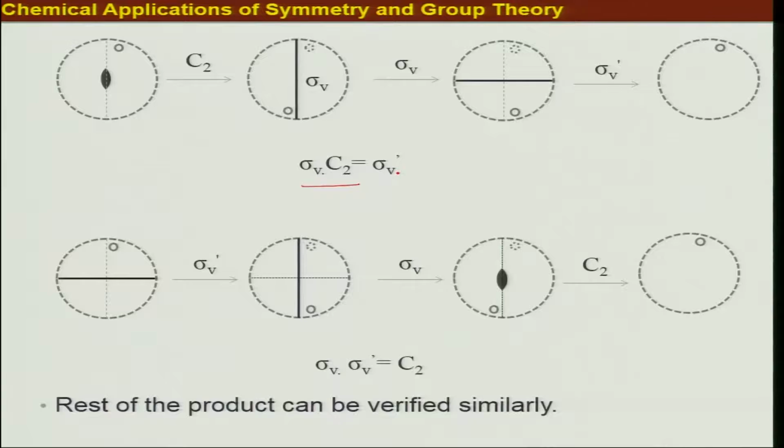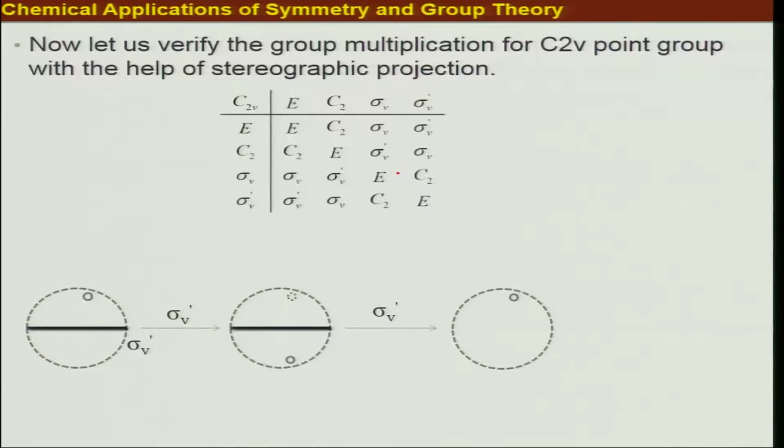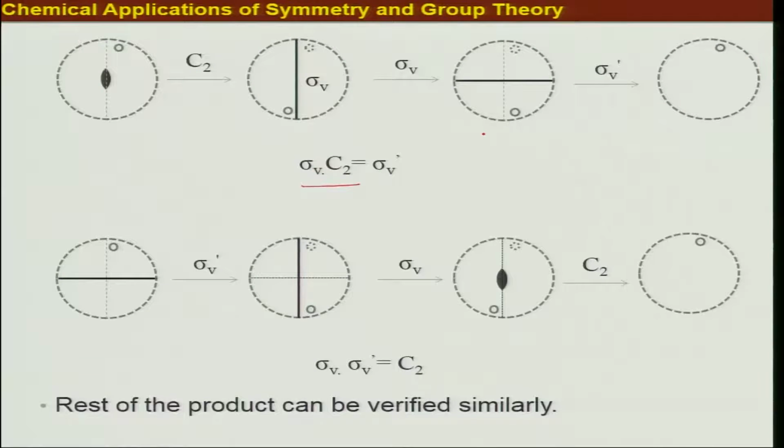Now let's go back to the group multiplication table and see if that is correct. So if you operate C2 and then sigma v, then you get this product which is sigma v prime. So this works. Now similarly, if we try to figure out what happens if we operate sigma v prime and then sigma v, what is the resultant?